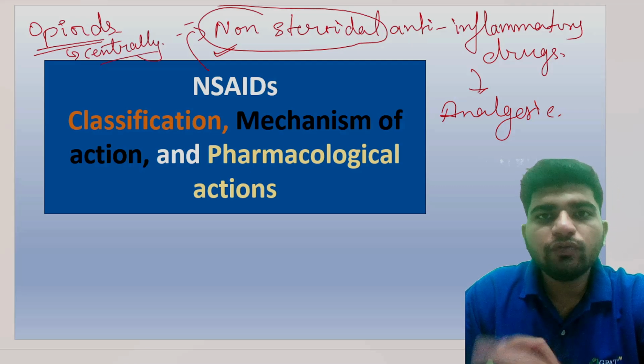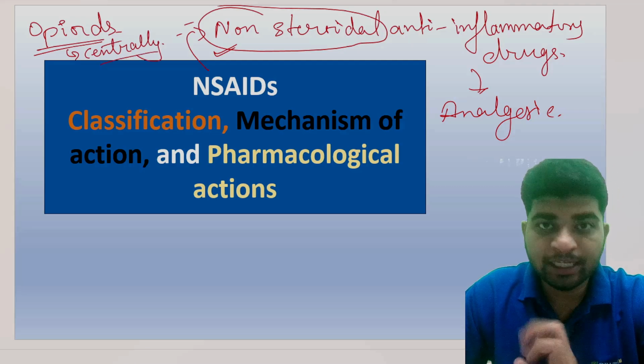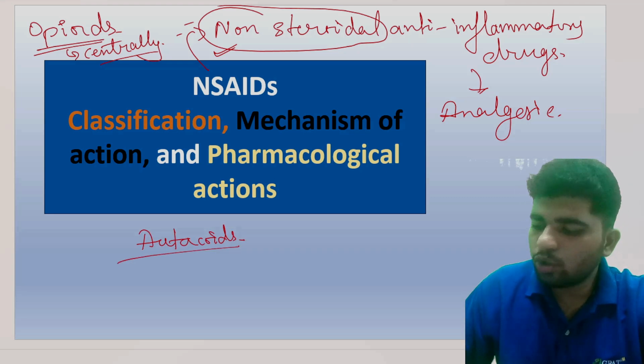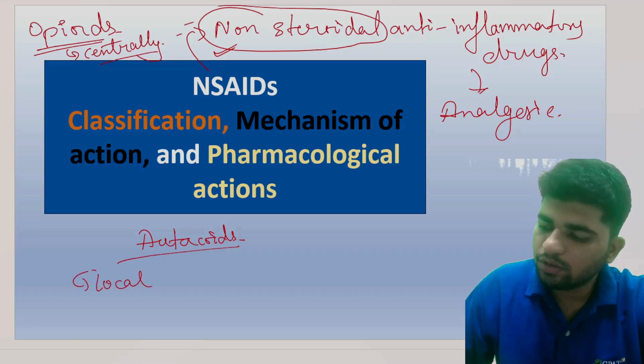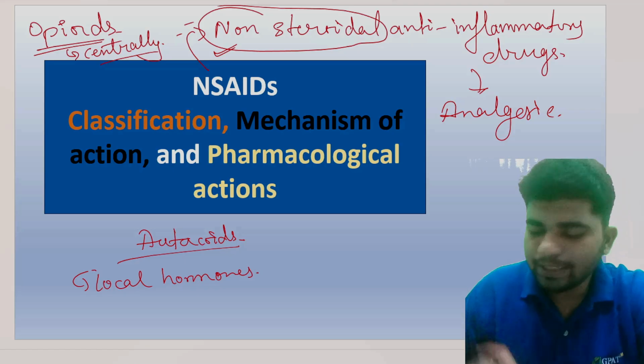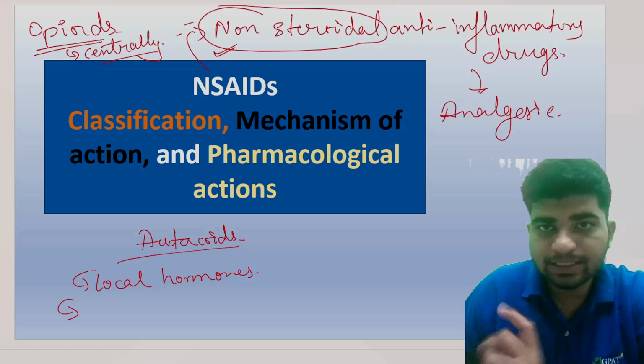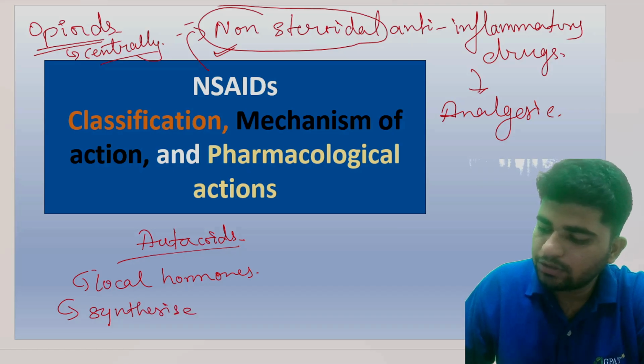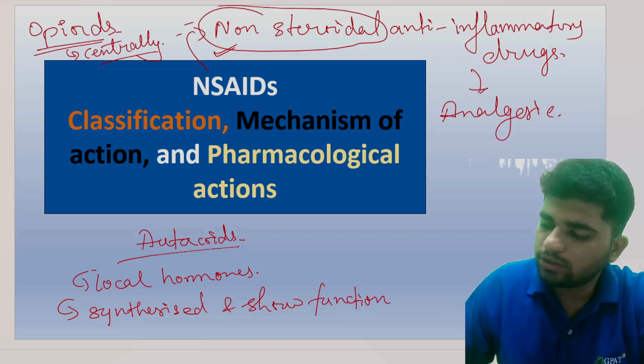All right. We have a lot of autocoids inside our body. Autocoid means local hormones. For example, they get synthesized and show function on the same site.